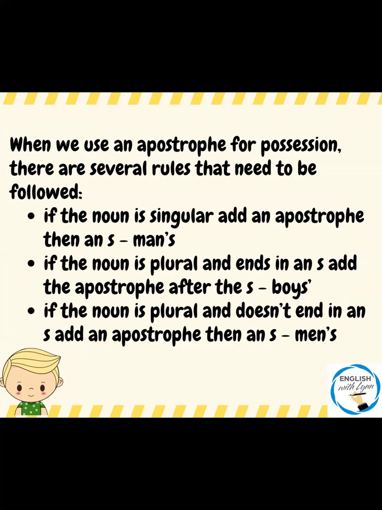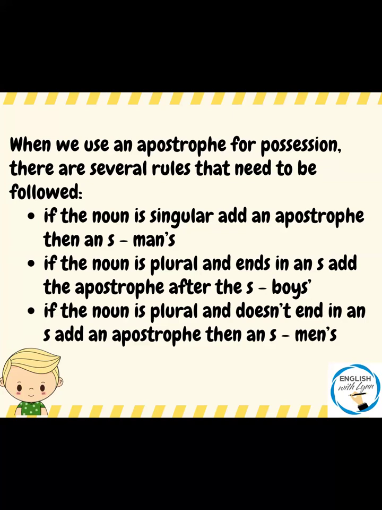If you've got a singular noun, so one object, and the noun is belonging to that one object, you would have an apostrophe and then an S. Okay, so that is for singular.